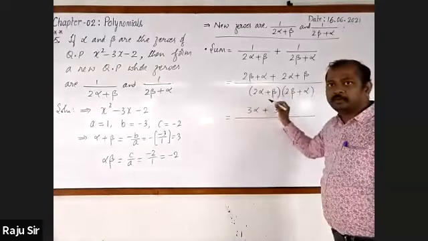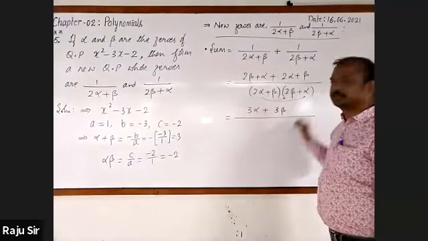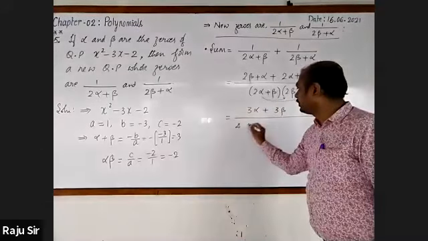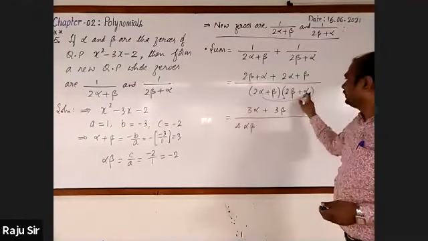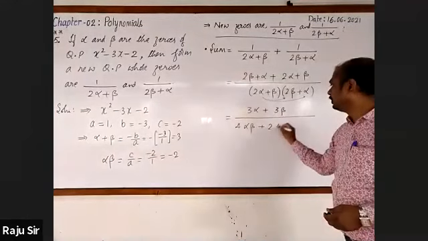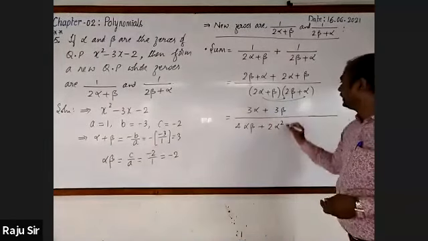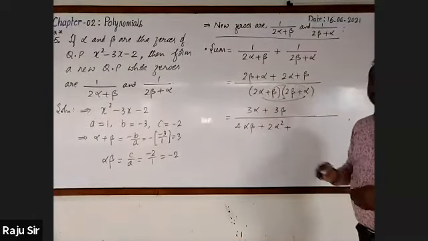Denominator. Please go for multiplying 2 alpha with both the terms. 2 alpha into 2 beta, it is 4 alpha beta. 2 alpha into alpha, it is 2 alpha square. Then multiply beta with both the terms.